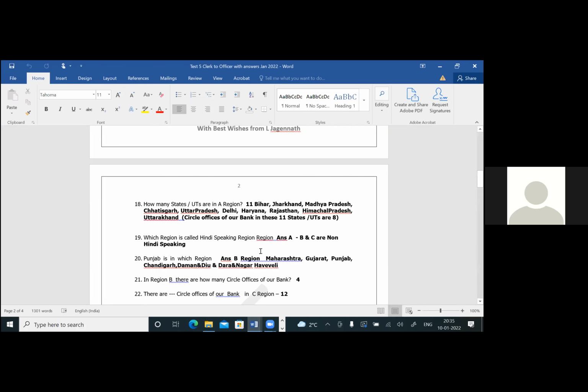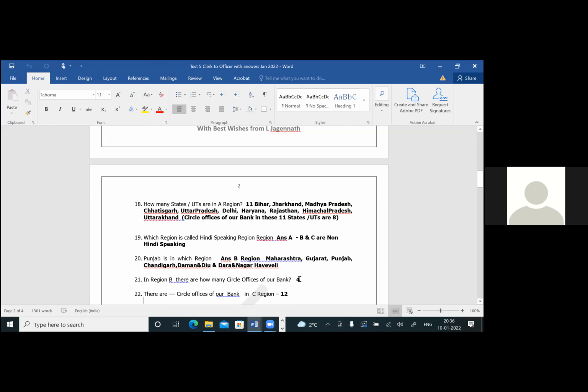How many circle offices of Canara Bank are there in B region? There are 4 circle offices. So in A region we have 8 circle offices, and in B region we have 4. They asked these questions last time. People came and told us, so where are these? They are in the HO circular only.